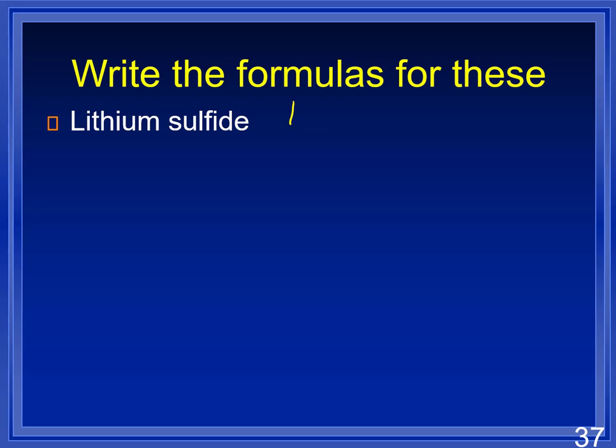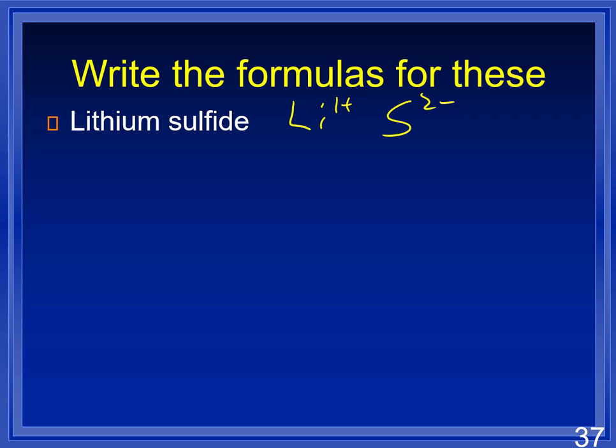So lithium in group 1A always makes a 1 plus charge. Sulfide. We're talking about sulfur when it's negative, and sulfur's in group 6A. 6 minus 8 is negative 2, or 2 more electrons and it would look like argon. Either way, I end up with S with a 2 minus charge.